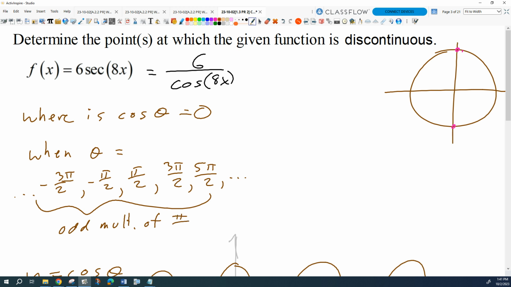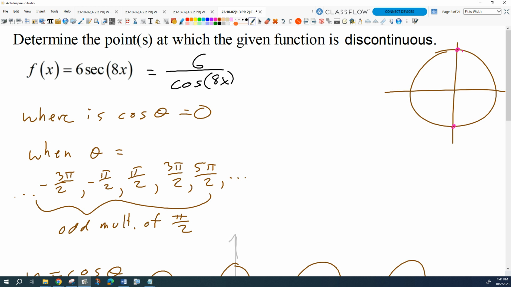If we wanted to build a recipe for this, every element of the set of odd integers is going to be represented times pi halves.